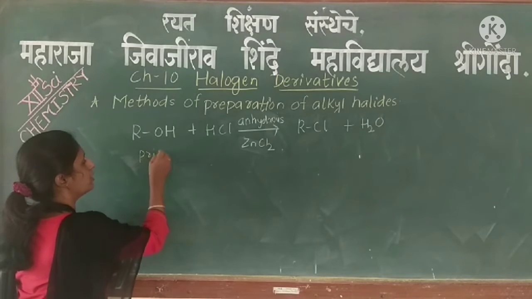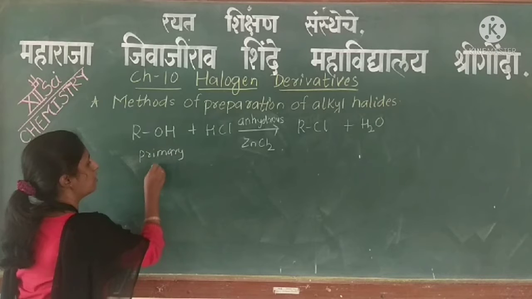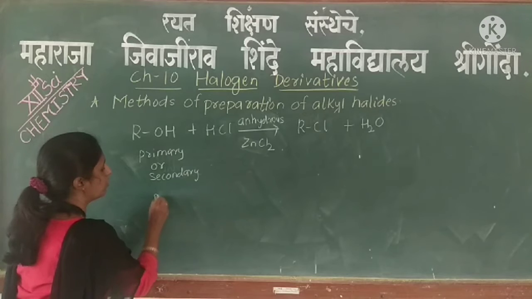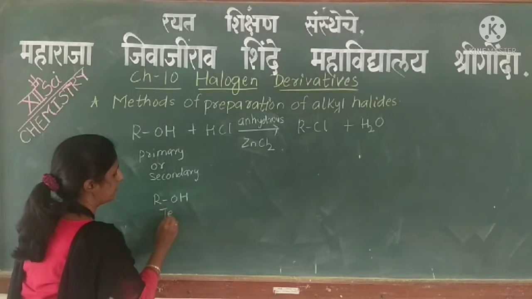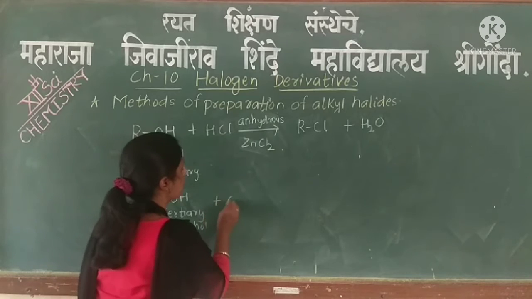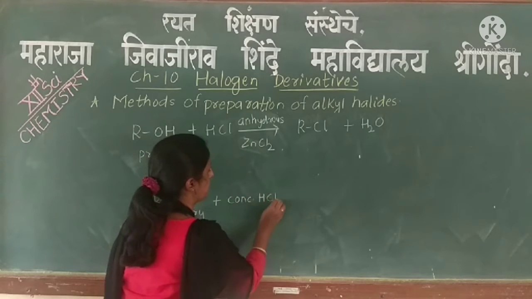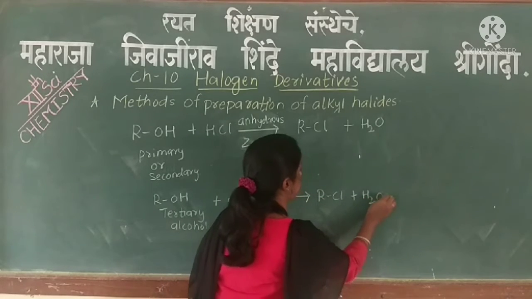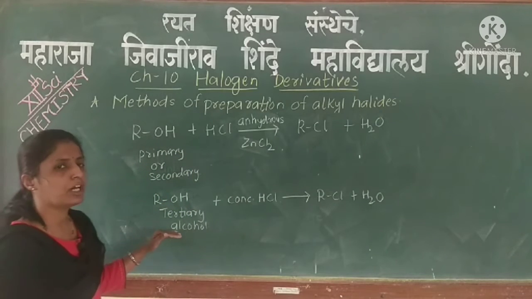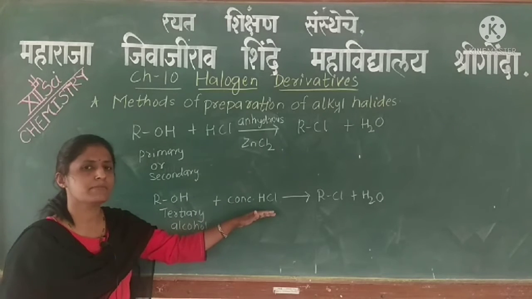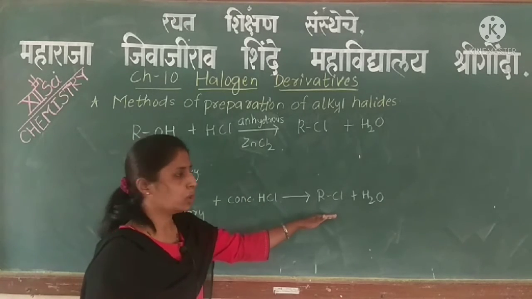But if your alcohol is tertiary, it reacts with concentrated HCl only, to give you alkyl chloride plus water. So if your alcohol is tertiary, you don't require ZnCl2. It can be reacted with simply concentrated HCl to give you alkyl chloride.